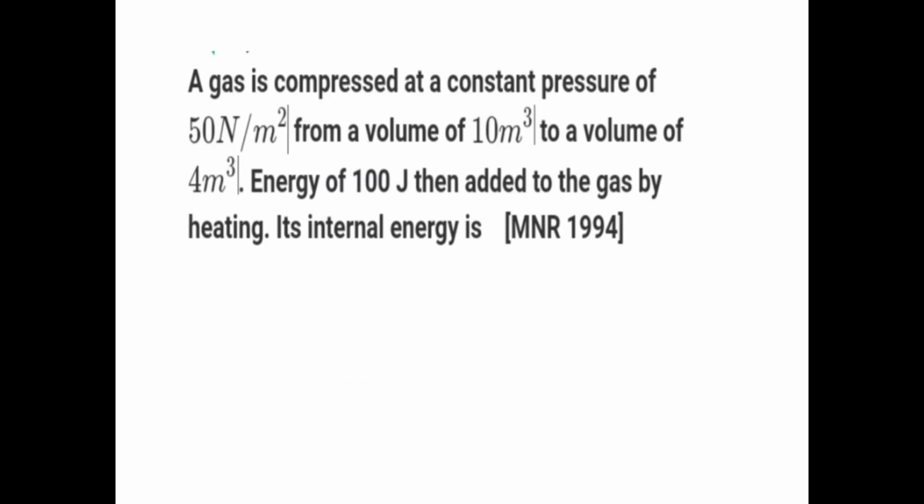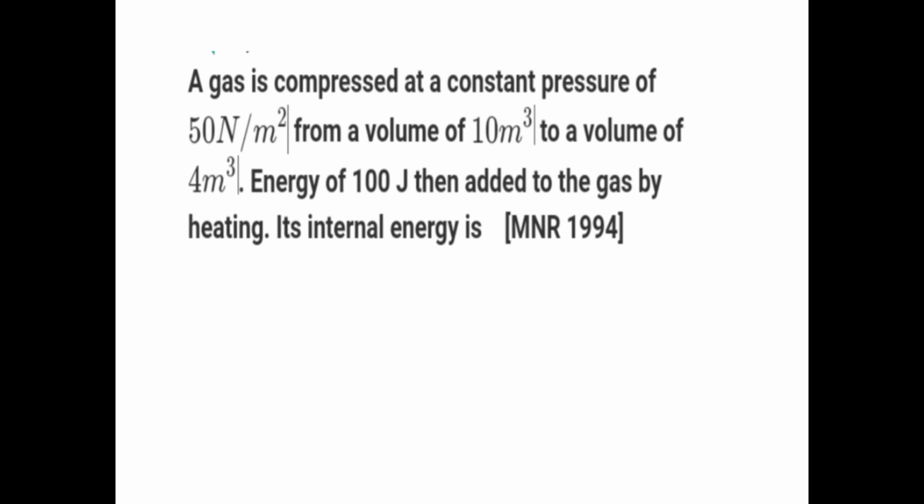So we see this question. It says a gas is compressed at a constant pressure of 50 Newton per meter square from a volume of 10 meter cube to a volume of 4 meter cube, and an energy of 10 joules is then added to the gas by heating. Find its internal energy. First off, this is compression.